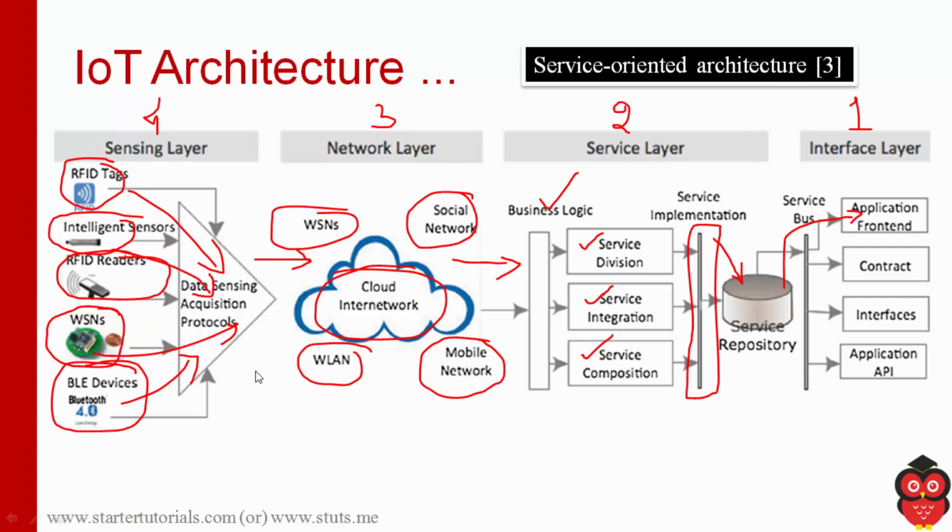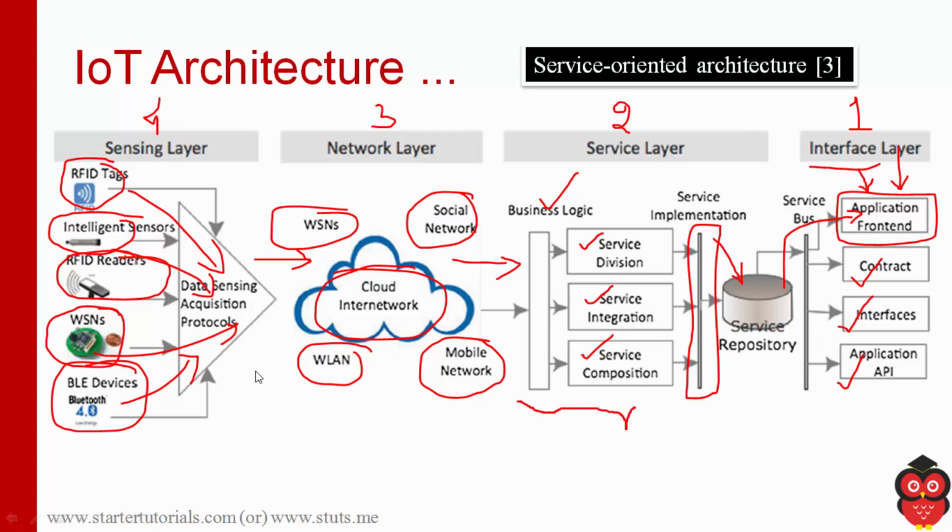Okay, and typically these things fall under the interface layer, and the services are accessed by providing an application front end. So what is an application front end? The interface itself. Okay, the user interface is called the application front end. So you can have contracts, you can have application interfaces, and you can have application APIs. Okay, application programming interfaces. So that is about service oriented architecture.